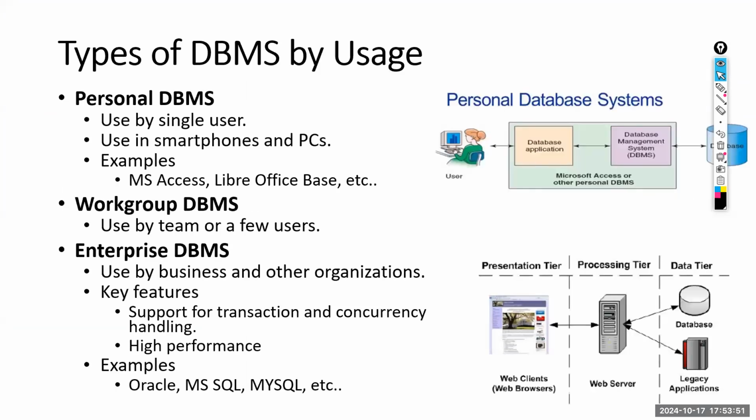This is the current classification based on the type of use: personal DBMSs, workgroup DBMSs, and enterprise DBMSs. Personal DBMS means it is used by only one person. A very good example is the address book in your smartphone. It's a very small, tiny database, but it is accessed by only you.